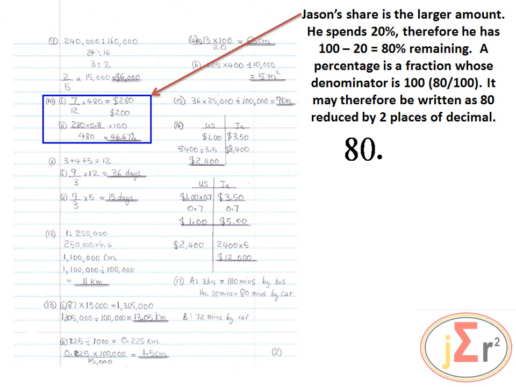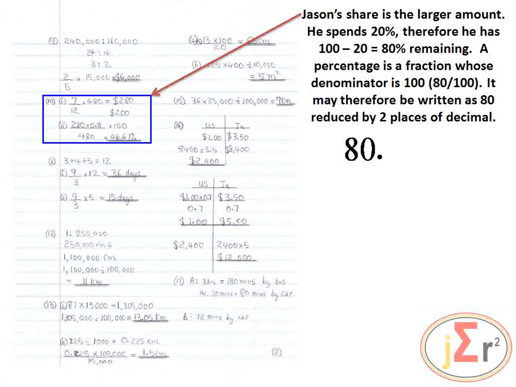And if it is out of 100, it means that we are actually dividing by 100, or we may say that we have a fraction whose denominator is 100, because we are saying out of 100. A percentage is a fraction whose denominator is 100. Therefore, that 80 should be divided by 100.